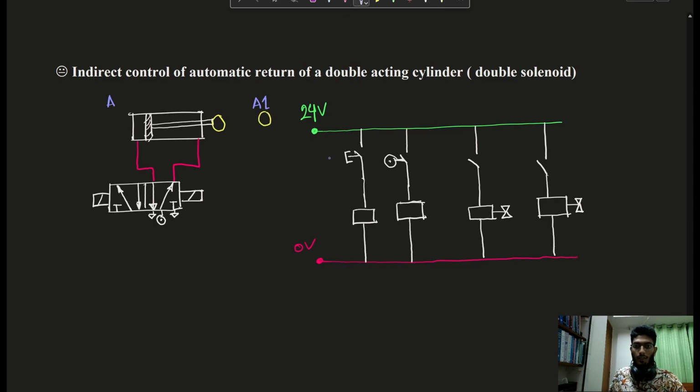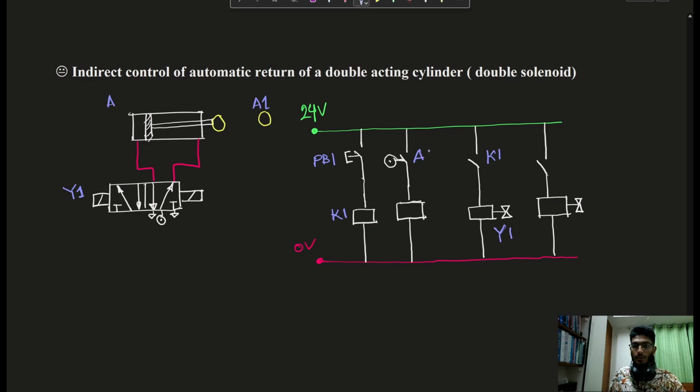Now this is my push button PB1. This is my first relay coil K1, and this limit switch will sense K1 and give a signal to this Y1 solenoid, and this Y1 solenoid will be linked to the left side of this 5x2 DCV. So when the cylinder extends to the A1 position, this limit switch will activate.